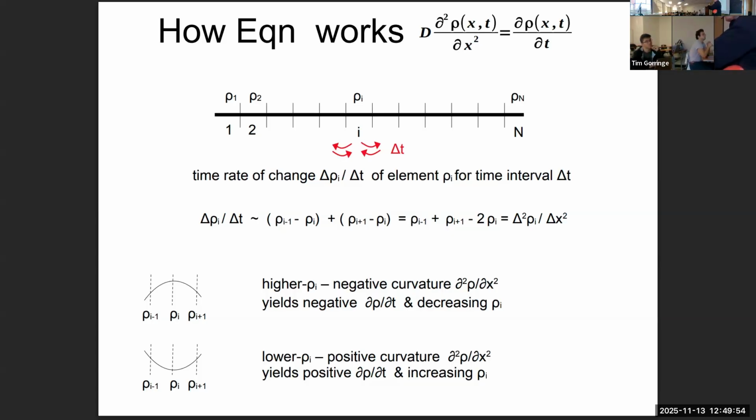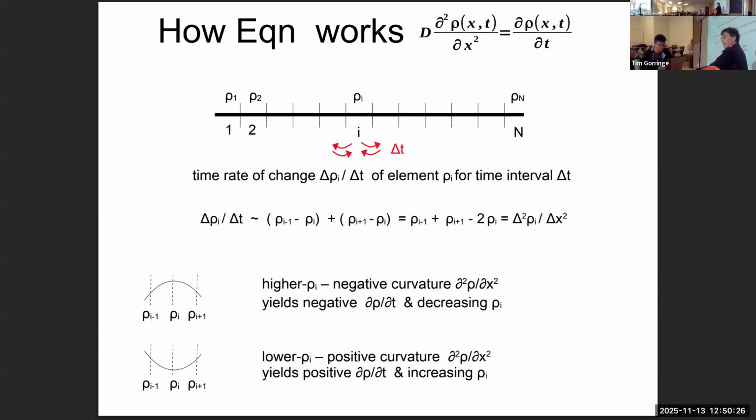If there was no curvature in the distribution between these three cells, then this would be zero, because the central cell density would be simply the average of the two neighboring cells. But if there is a curvature, maybe there's a peak around rho I of the particle distribution, then this will be non-zero.